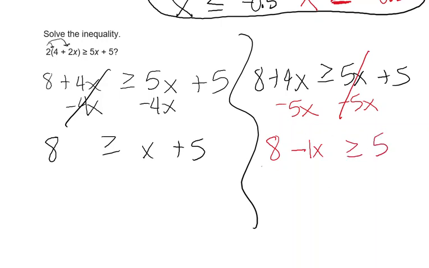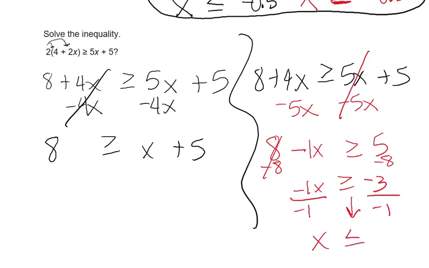If I were going to finish this, I would subtract 8 from both sides, leaving me with negative 1x is greater than or equal to negative 3. Divide both sides by a negative, which means I have to change the inequality symbol to point the other way, so x is less than or equal to 3.